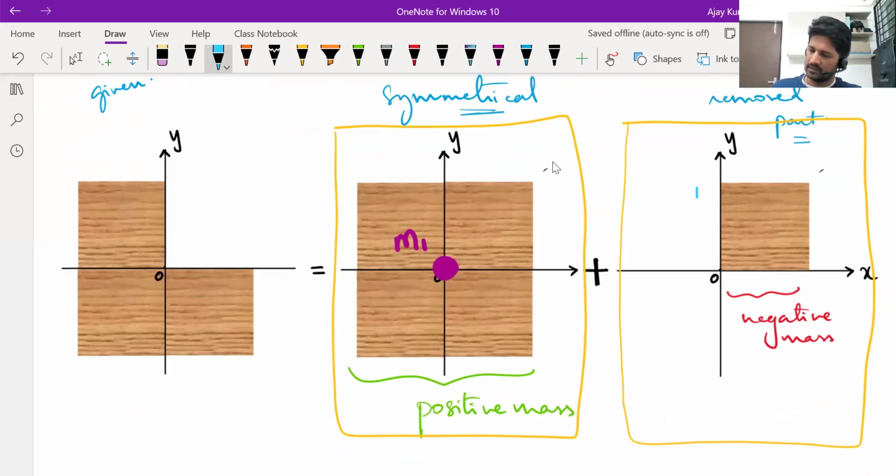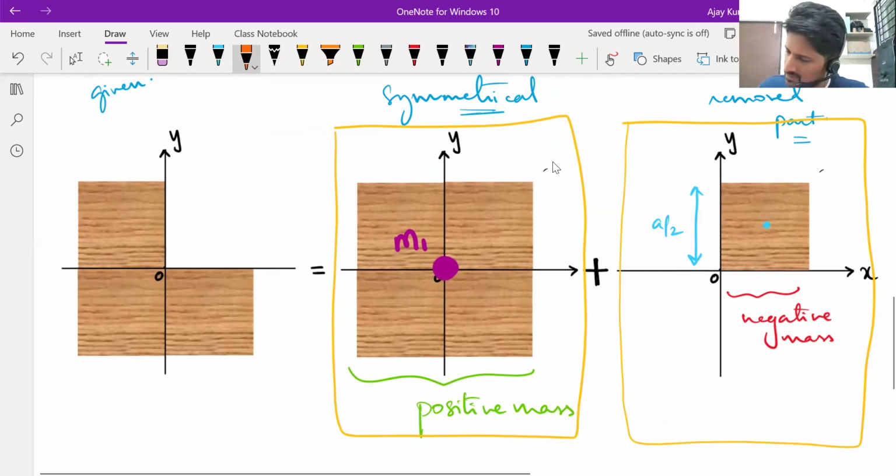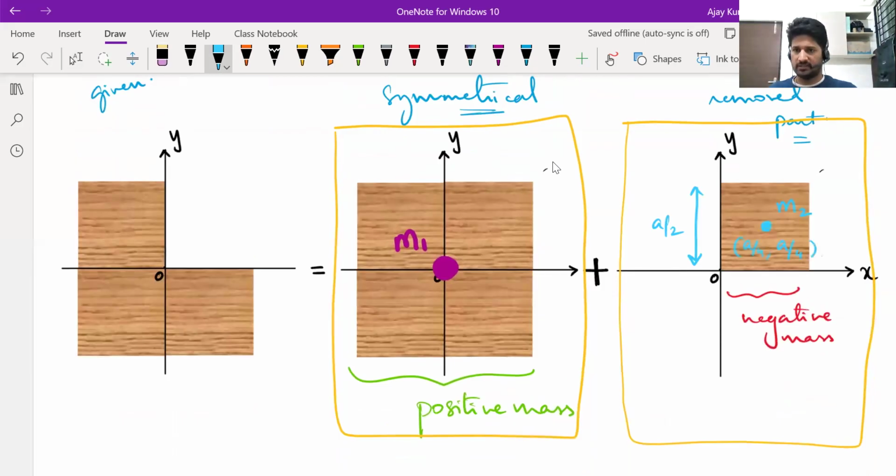Like this side is A by 2. So then, A by 4 comma A by 4. Correct. A by 4 comma A by 4. Let's call that mass M2 and its coordinates are A by 4, A by 4. But M2 is a negative mass.